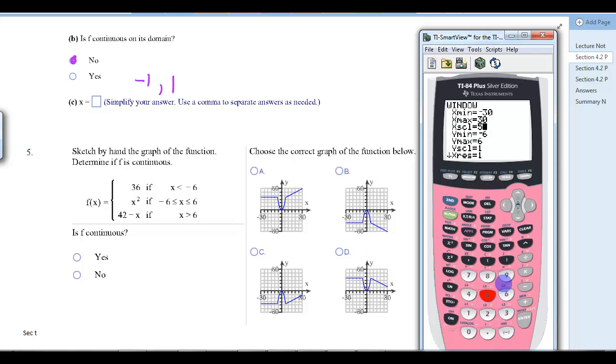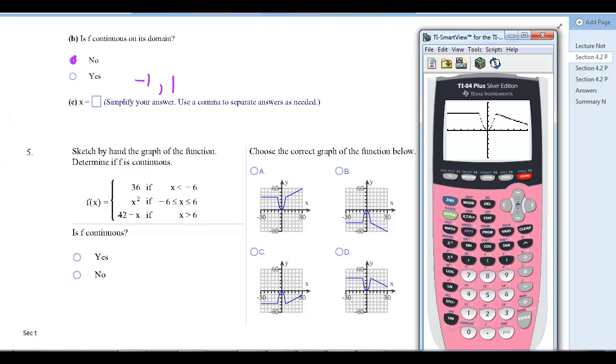You could probably get it if you didn't do the scale, but let's try that. All right, y-min is -60, and y-max is 60, and the scale is probably 10. So this y scale is 10. All right, let's see if we get a better picture then.